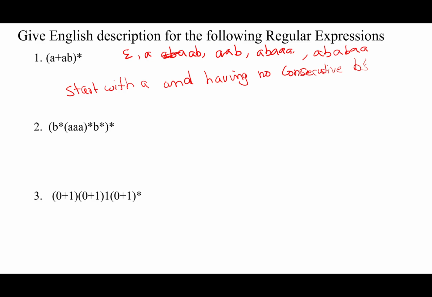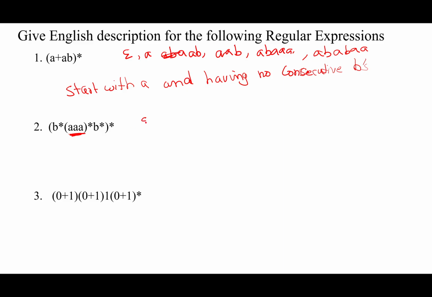The next one, b star a cubed, a star b star. Okay, so here how can we represent it? Whenever we use a, a should appear 3 times. So here a star means it can be an empty string, and if it is not an empty string, it always contains 3 a's, triple times of a.